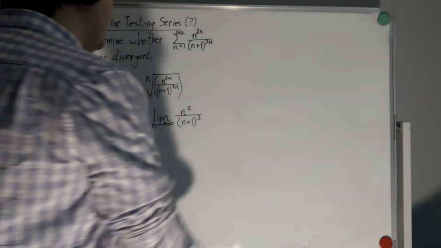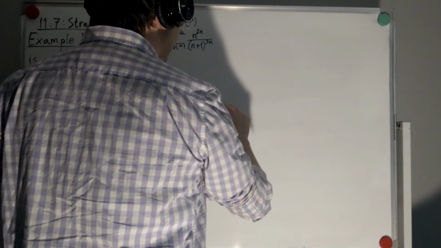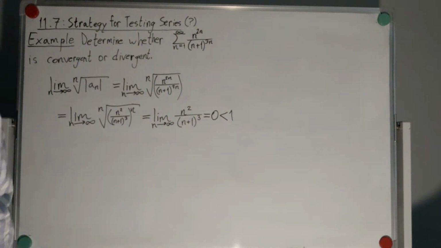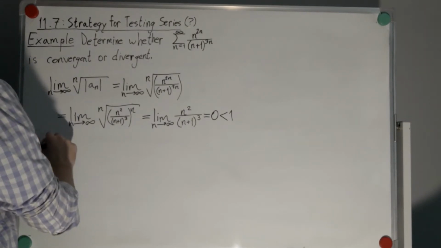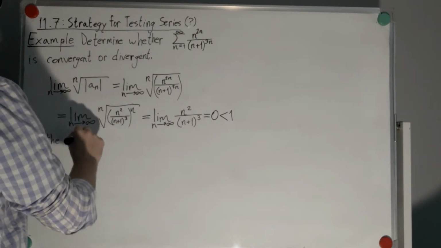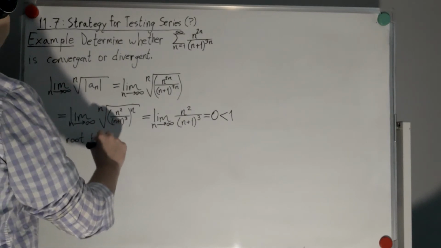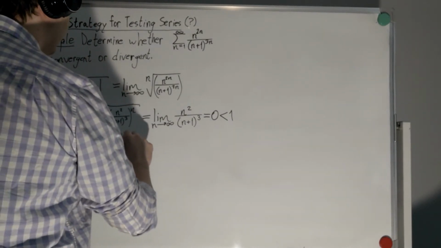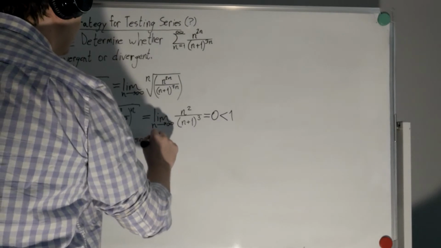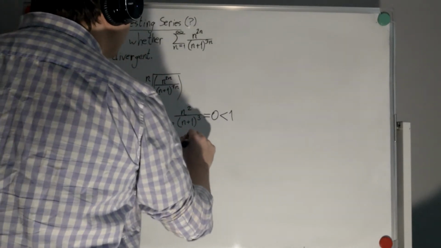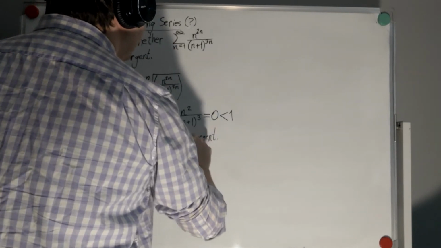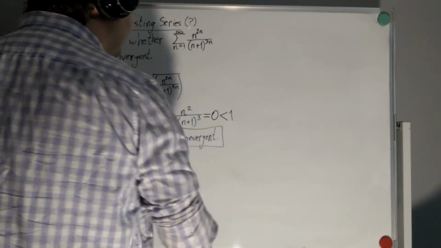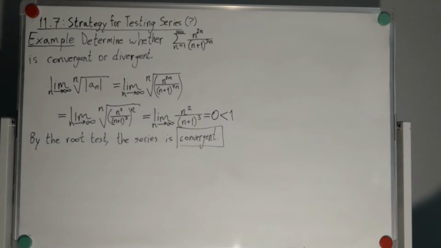If you do so, you'll find that this limit is 0, which I'm pretty sure is less than 1. So, by the root test, the series is convergent. Well, I guess I should say it's absolutely convergent, which therefore implies that it's convergent.